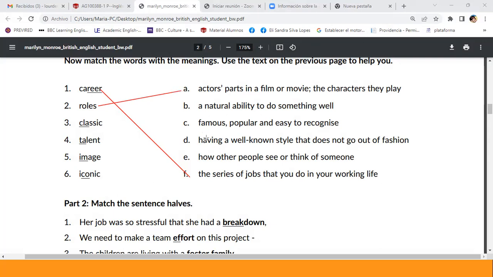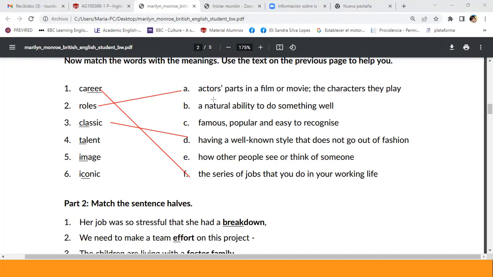Good. 3, Javier. Classic, famous, popular, and easy to recognize. No, I'm afraid it's not right. It's a better one. Having a well-known style that doesn't go out of fashion. Right, that's it, classic.